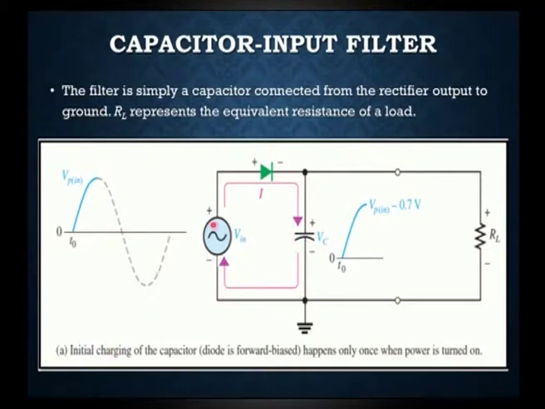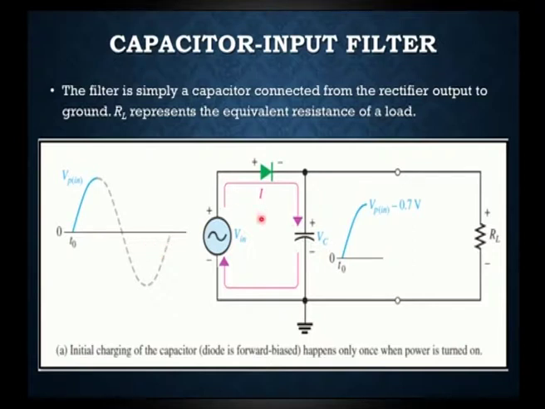At the very first stage, when the supply is given, the diode will operate in forward bias during this portion of the input voltage, till Vp, the peak voltage. Until the input voltage reaches the maximum peak voltage, the diode will be in forward bias and initially the capacitor will be charging. This happens only once when we turn on the power.